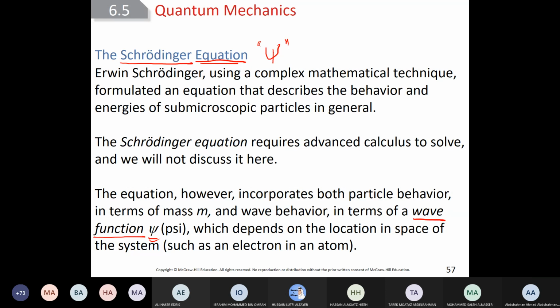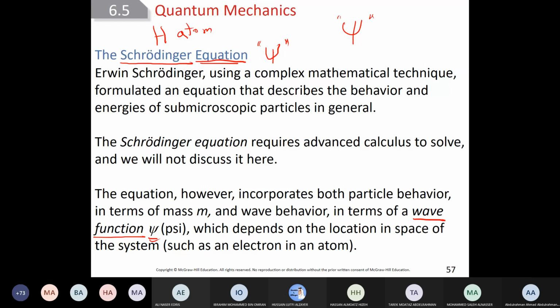And that's all I want you to know about this equation, because it's a complicated equation that you don't have to think about. So what's psi? The wave function. For which element? For the electron, but we're starting with the hydrogen atom at the beginning.